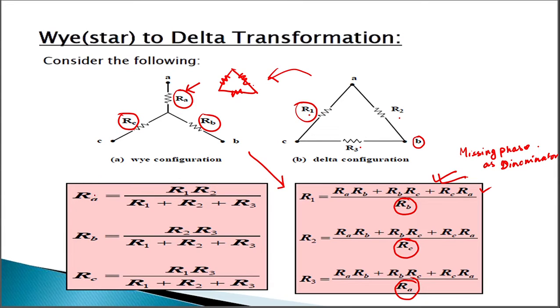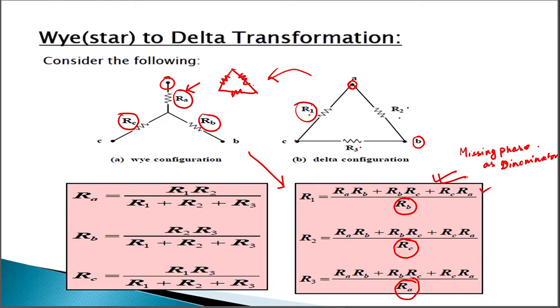Now RA, RA is connected only to A, right? Now here A has two connections, with C and with B. So the numerator will be the multiplication of the resistances between AC and AB.